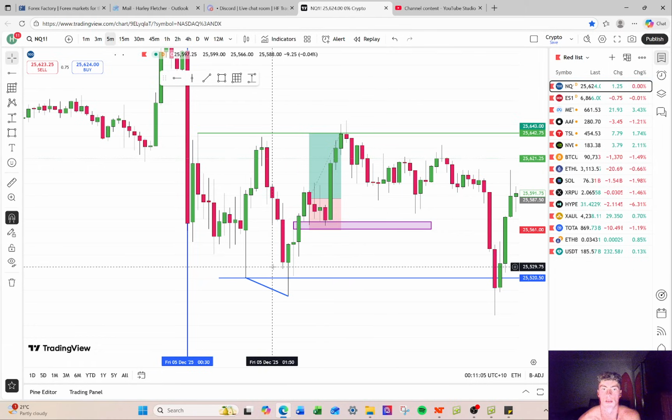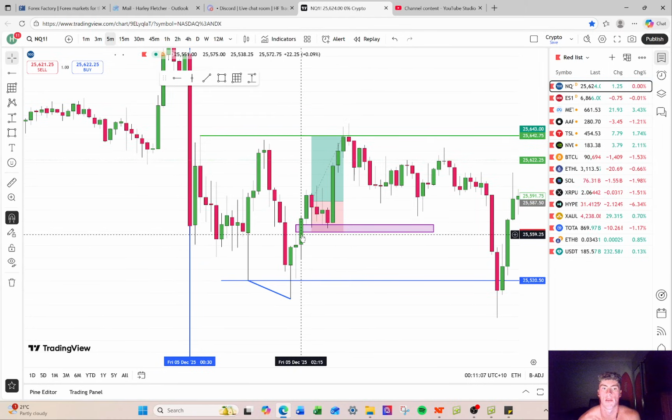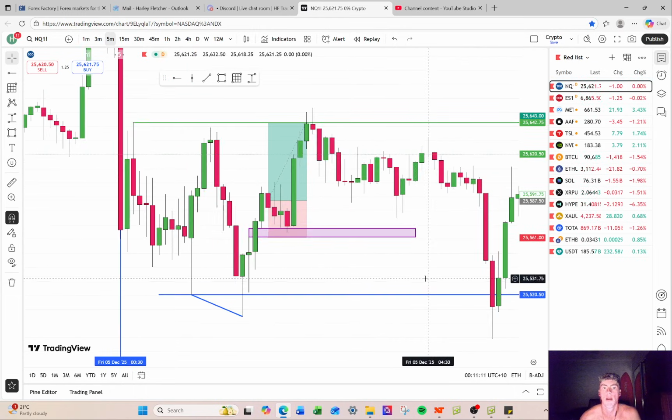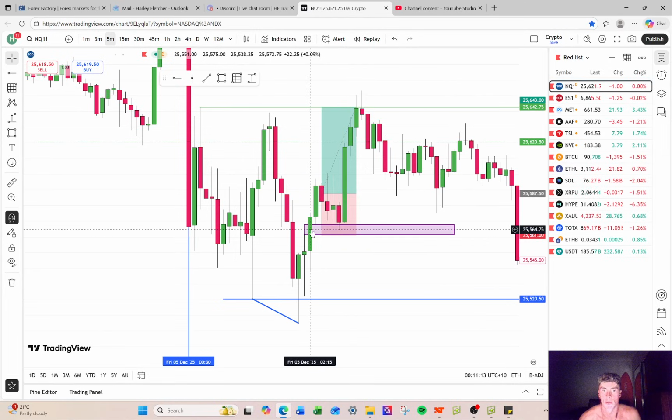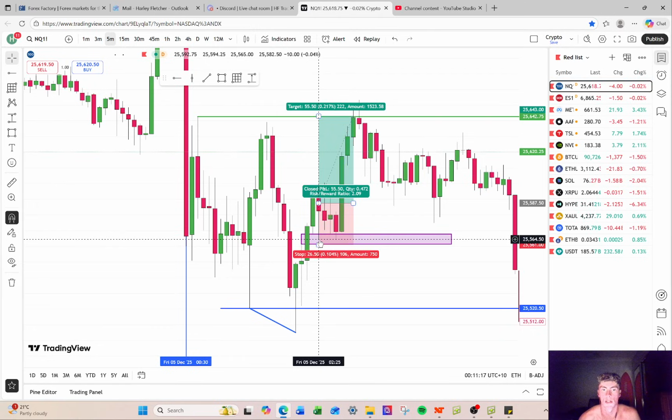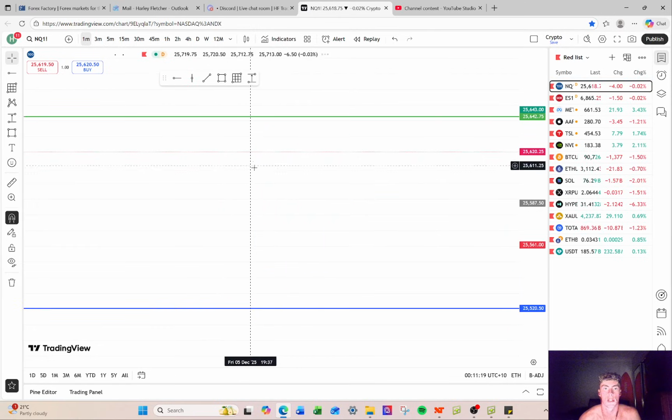From there we can look for our fair value gap because we got an hourly SMT and a 5-minute SMT. We see our fair value gap form right here. As soon as it comes back down and retraces into it, we can go to the 1-minute time frame.